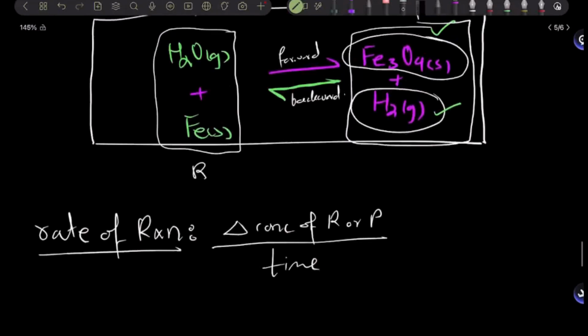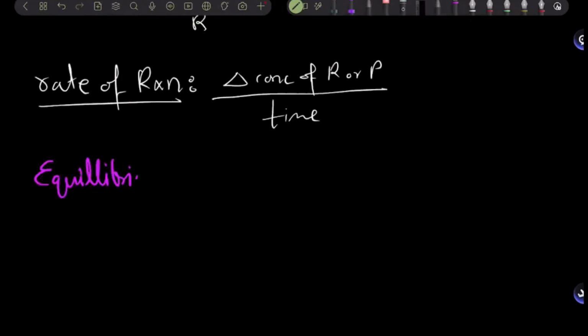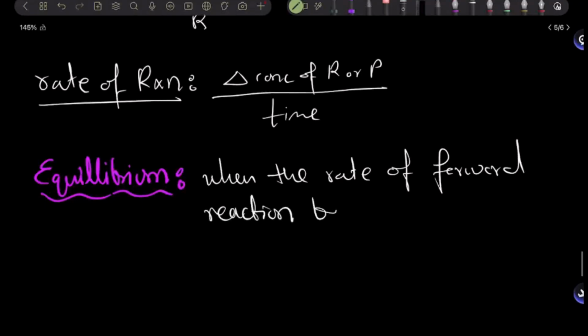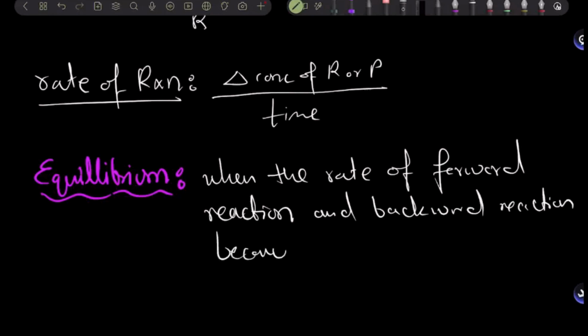So what is equilibrium? Equilibrium is when the rate of forward reaction and backward reaction becomes constant.